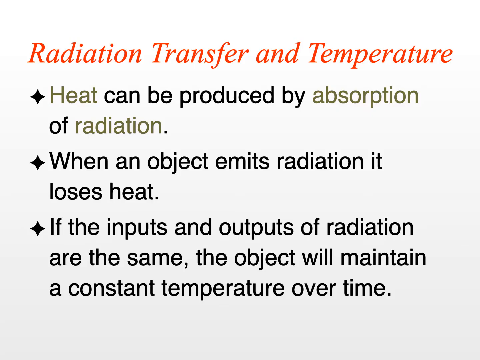Okay, let's review what we've learned so far about radiation and how radiation produces heat energy and that affects the temperature of an object. So we know that heat can be produced by the absorption of radiation. If we increase the amount of radiation, the temperature of that object will grow hotter.